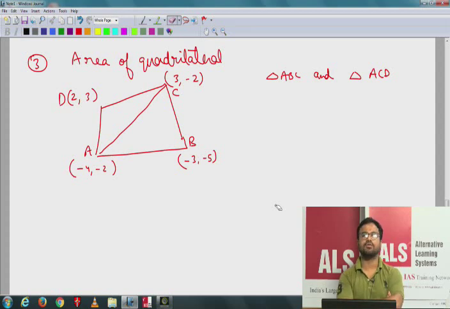Find the area for the two triangles and then just add them up. Right, CC4, that's the correct answer. Very good.